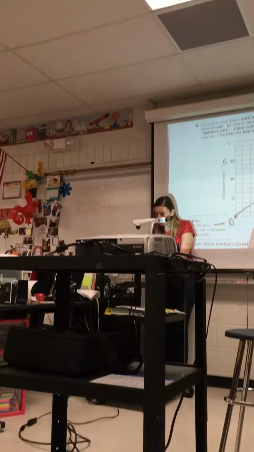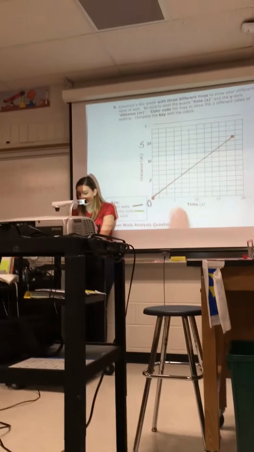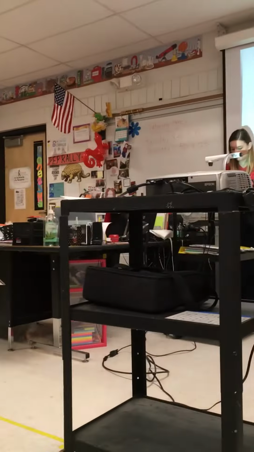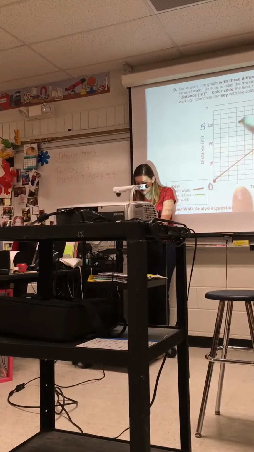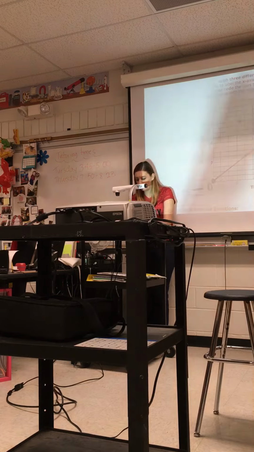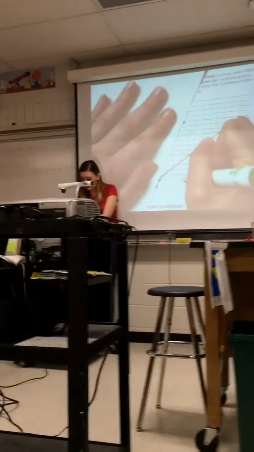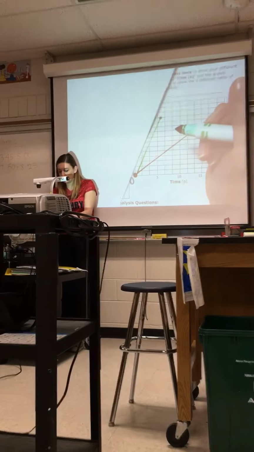So if I look here, I go just a little bit past 5 because I wasn't quite at 6. I was at 5.5, and then I'm gonna go up to 5 meters and draw a point. And I started at 0, 0, so I'm gonna draw my point there. And then I'm gonna connect my 2 dots. So I go over 5.5, up 5, and I connect my 2 dots.